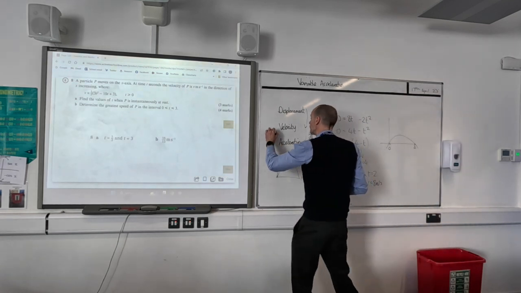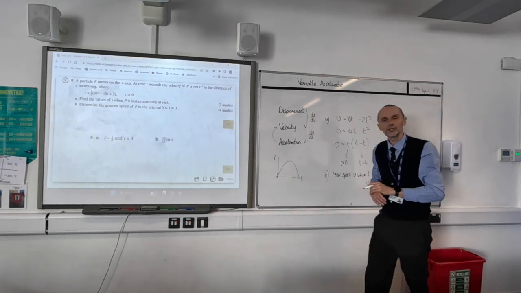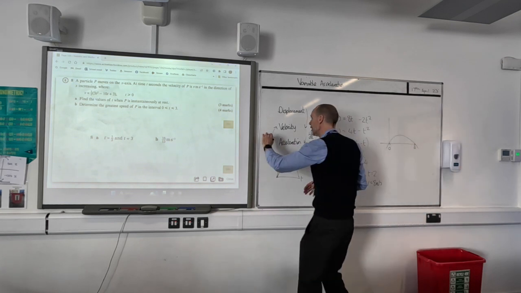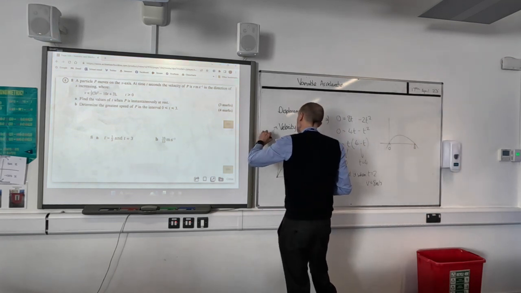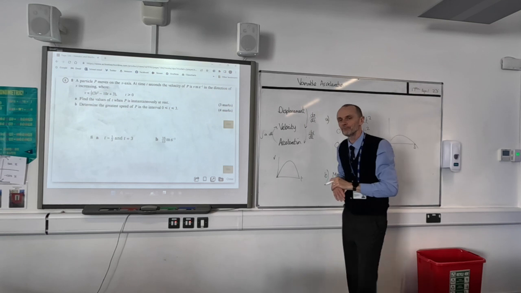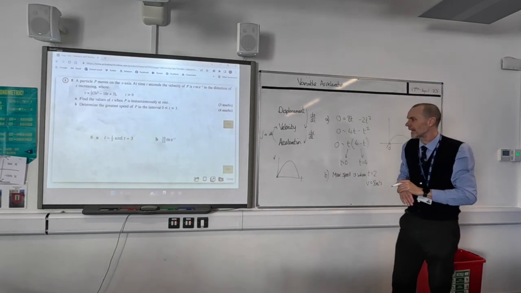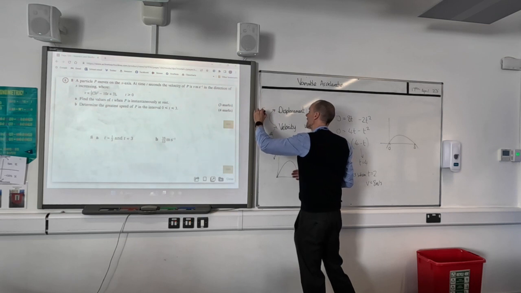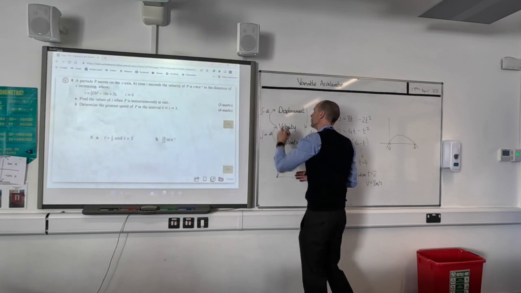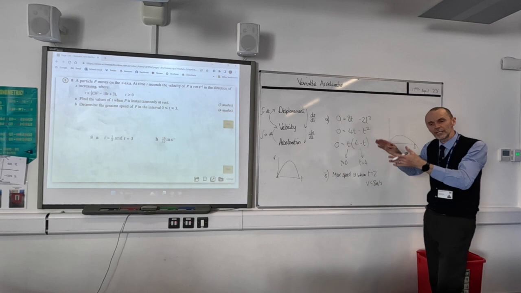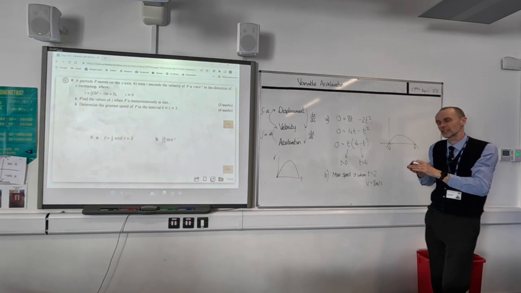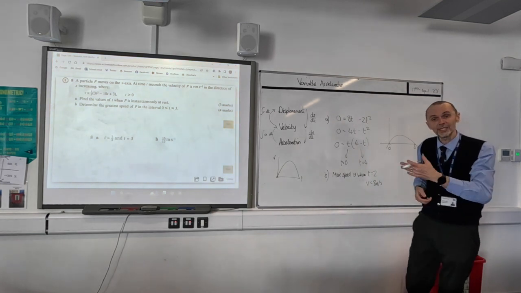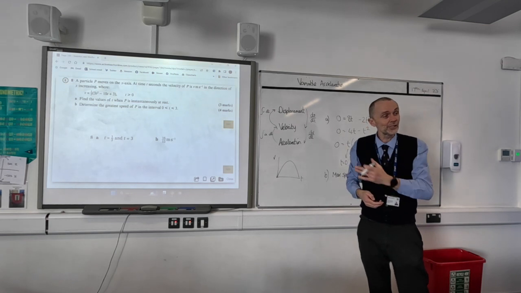So if we want to work out velocity and we know acceleration, we just integrate our A formula with respect to time. And if we know velocity and we want to work out displacement, we just integrate velocity with respect to time. So these three quantities, displacement, velocity, and acceleration, are linked using differentiation and integration.